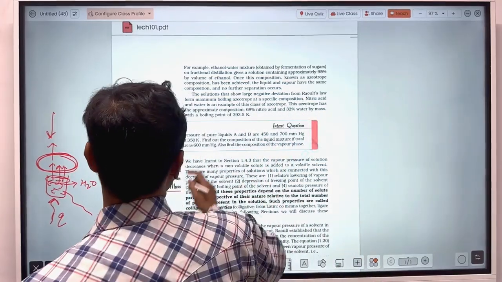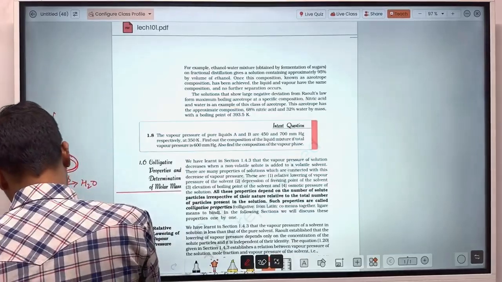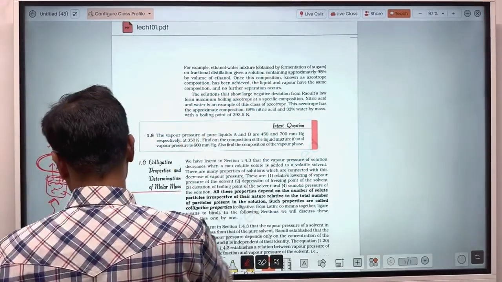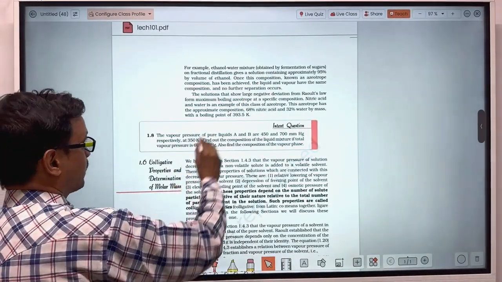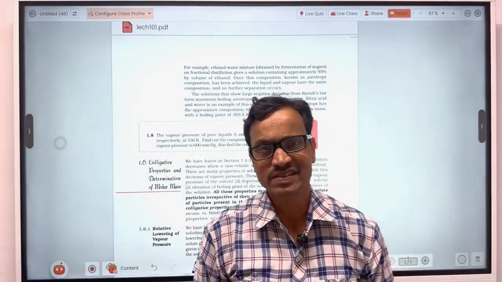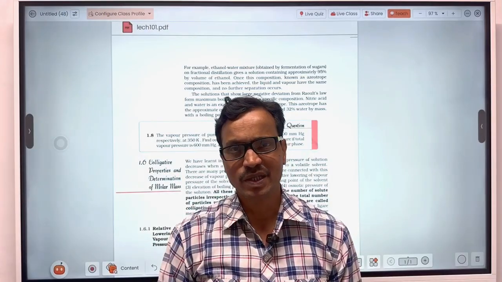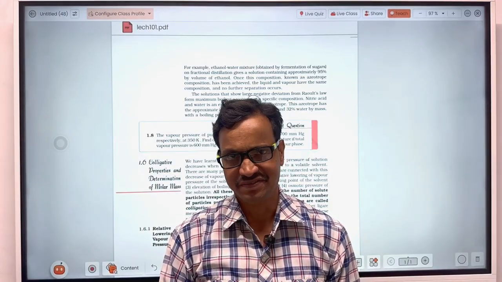Okay. So for maximum boiling azeotropes and minimum boiling azeotropes, the boiling point will be lower than both the liquids, and when the boiling point is lower, that means at lower temperature the vapor pressure of the liquid becomes equal to atmospheric pressure.